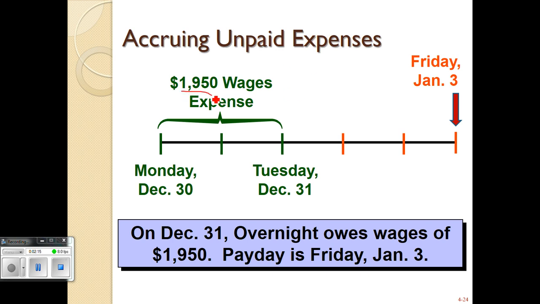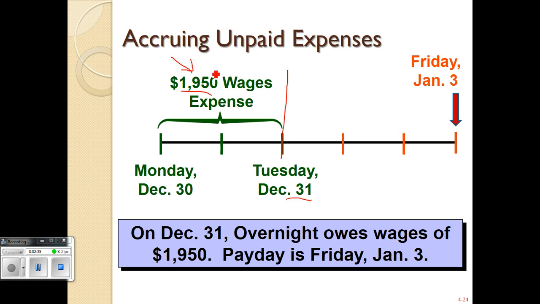The company owes $1,950 in wage expense for working Monday and Tuesday. Tuesday is December 31st. It's the end of the year. If I put together a balance sheet right now and didn't reflect the fact that I in fact owed my employees, I would have understated my liabilities for wages by $1,950.